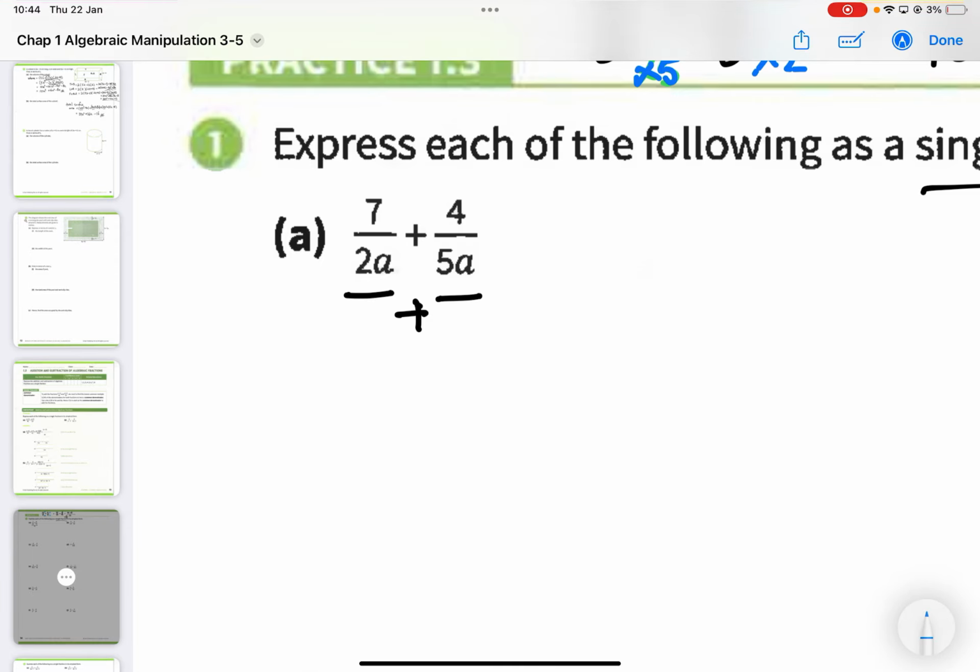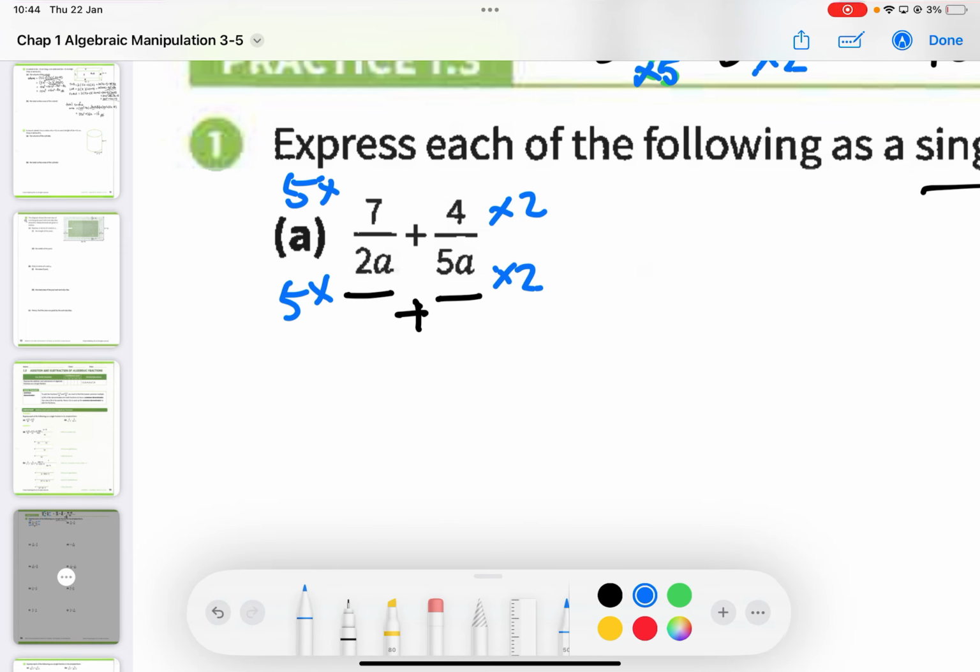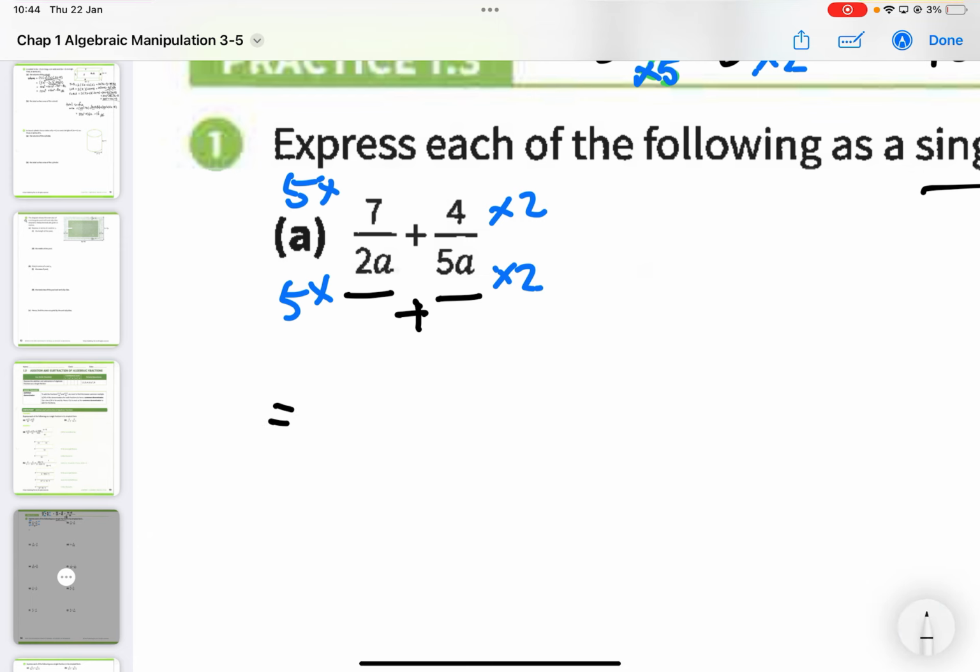So how do I make a common denominator? First one is 2 times A. Second one is 5 times A. If I can make both of them 10 times A, they will be the same. So I will multiply 5. Because I multiply 5, I must multiply 5. I must multiply 2. Because I multiply 2, I must multiply 2. Then my next step, again is the same. I write my 35 over 10A.